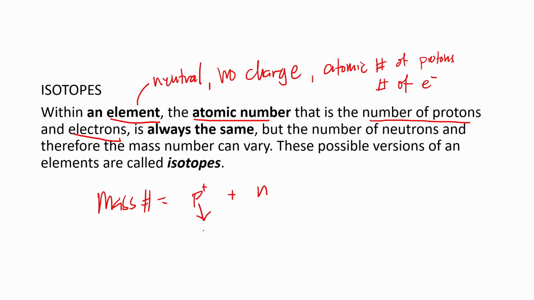Since our protons are always the same and neutrons can vary, your mass number can also vary. Okay, so various versions of an element with different mass numbers are possible, and these are called isotopes. Isotopes are versions of an element which have different mass numbers.